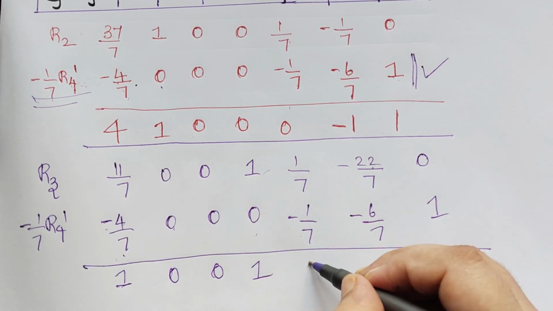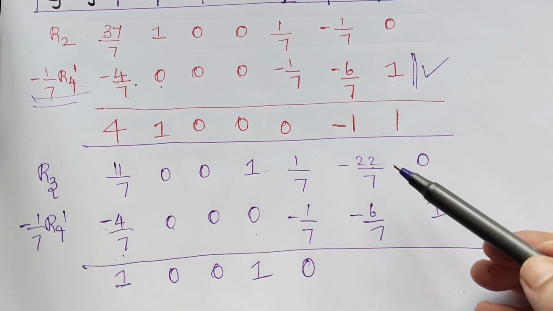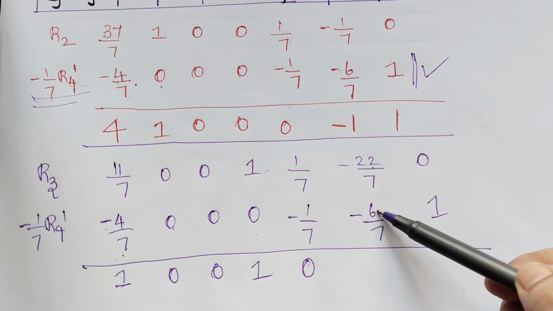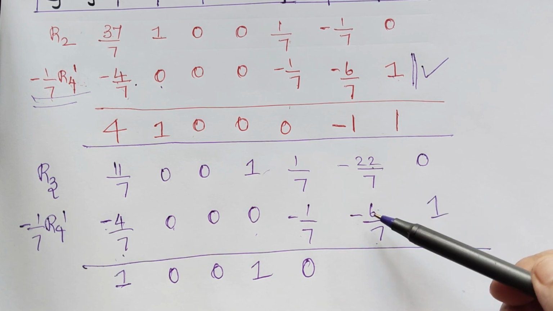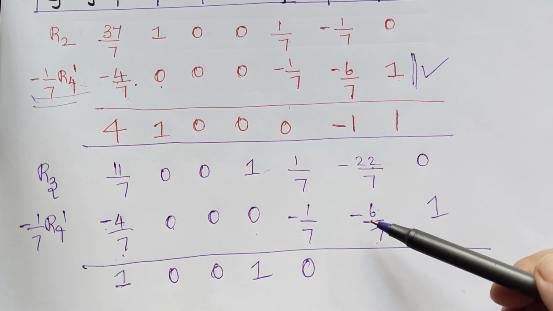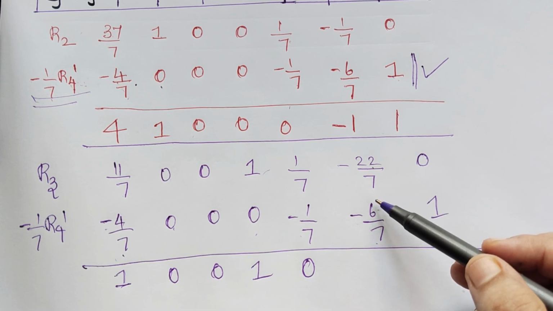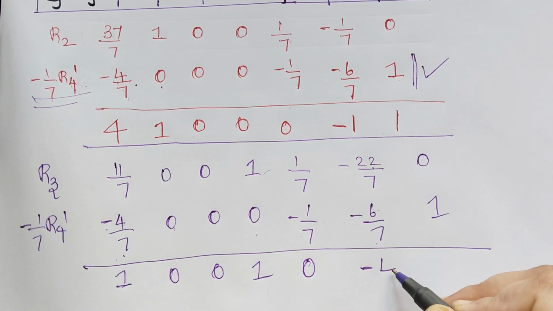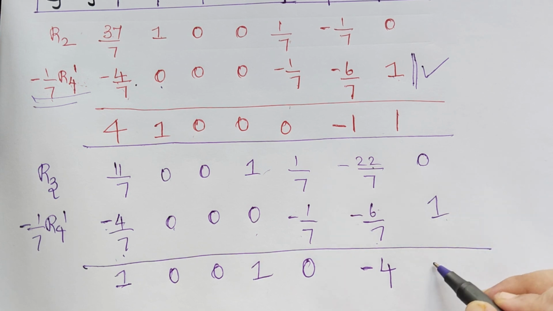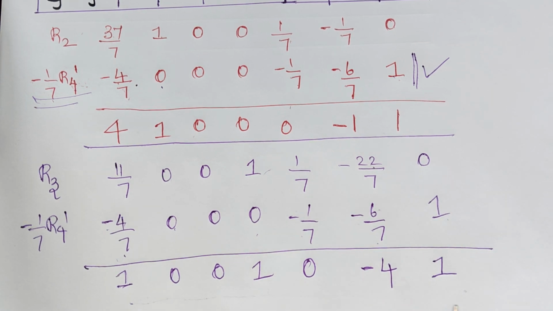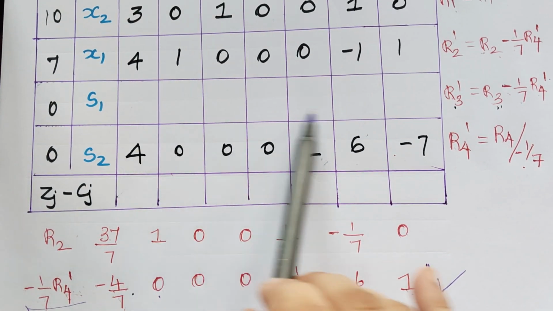So 0, minus 22 by 7, minus 6 by 7. So minus 22 minus 6, when added up, will give us minus 28. So minus 28 by 7, which will be minus 4. And then 0 plus 1 is 1. So these are the values of that row. So let us take these values and fill them in this row. So we are done with all the row operations.